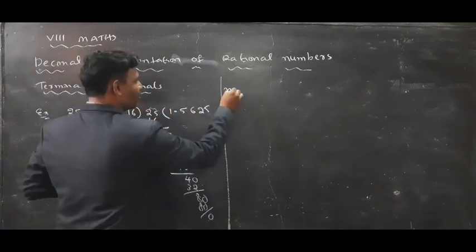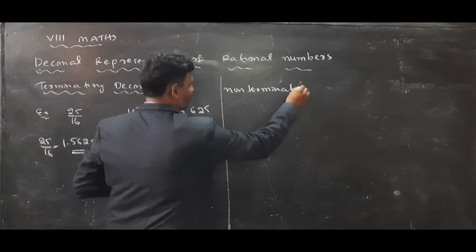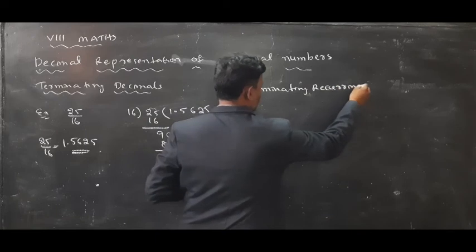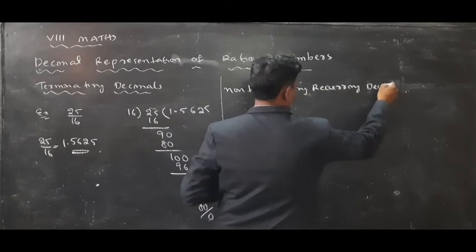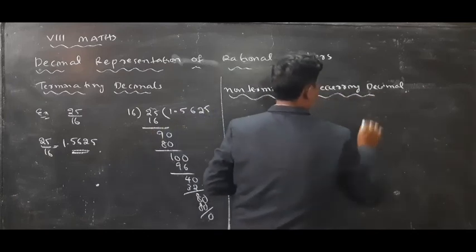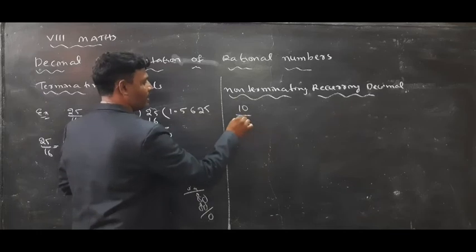Now the second one, non-terminating recurring decimals are repeating. Non-terminating recurring decimals, for example, 10 by 3.